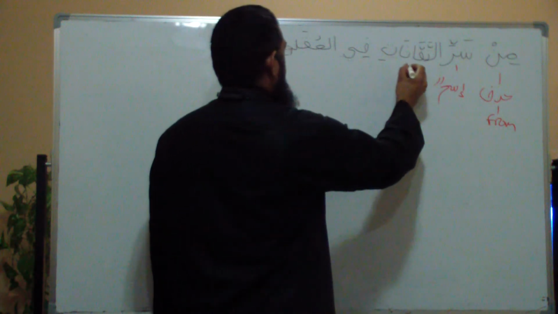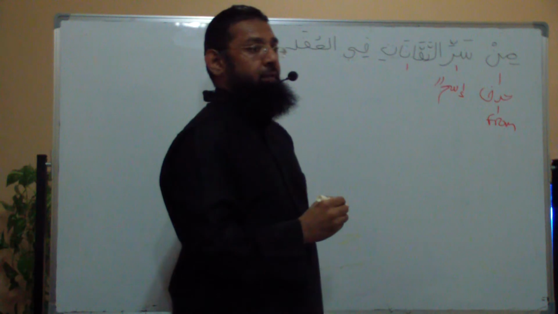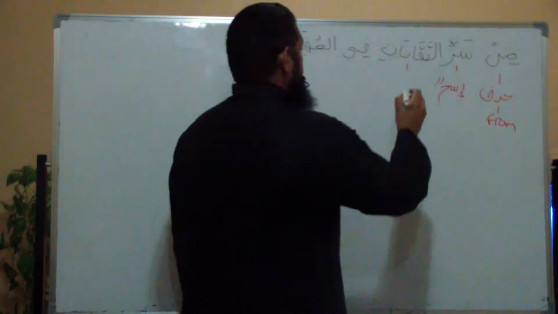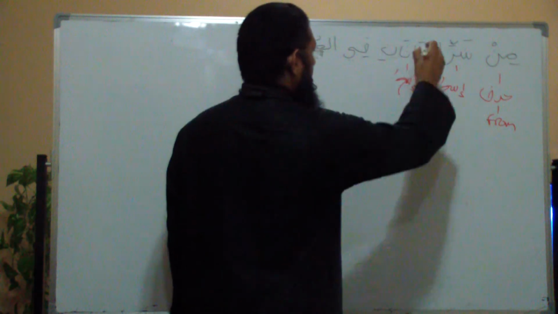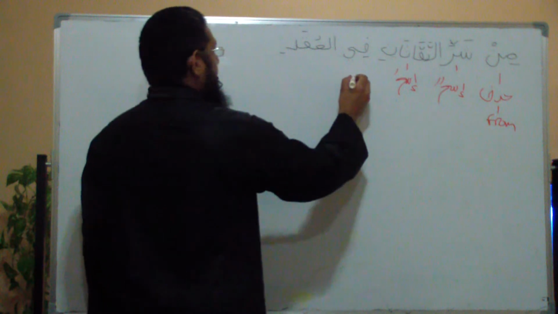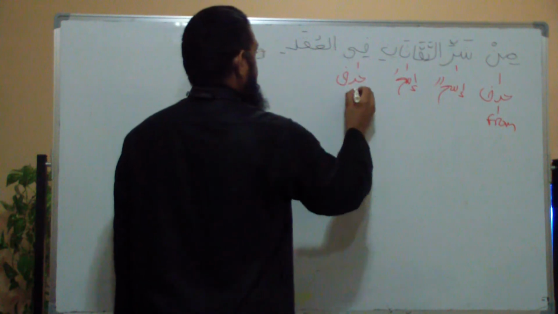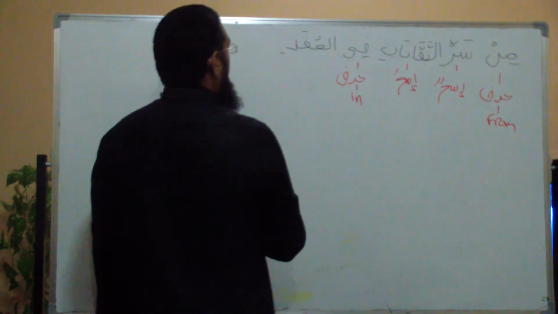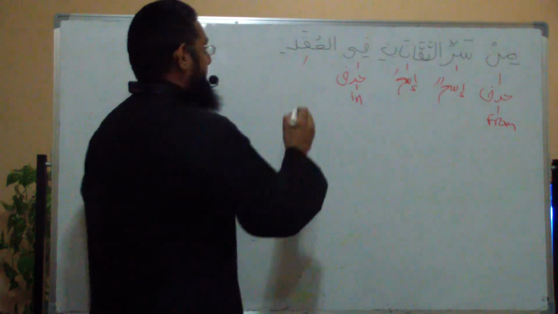What about nafathati? What type of word would that be? Ismun. Okay, we'll go and break these ones down in a minute. And fi? Harf. Don't use English please, okay? And then uqad. What could that be? Ismun, correct.